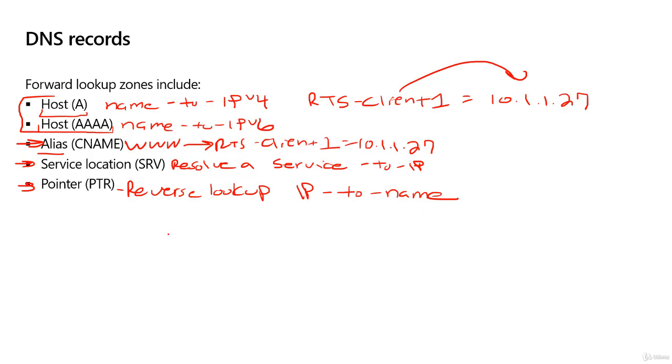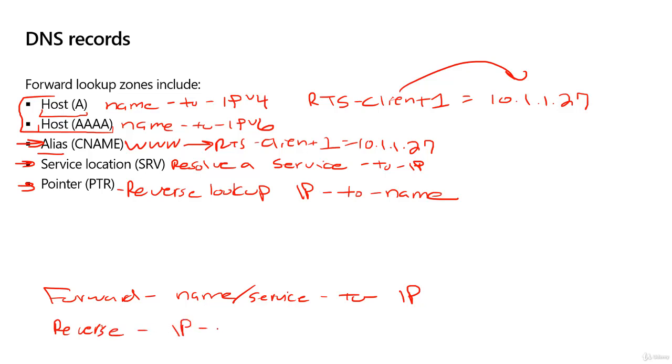But anything forward, just know forward is always going to be name or service to IP. Anything in the reverse is always going to be IP to name or service. Now, usually you don't think of DNS, most people don't think of DNS as working that way, where you know the IP address, but you want to resolve it to a name.